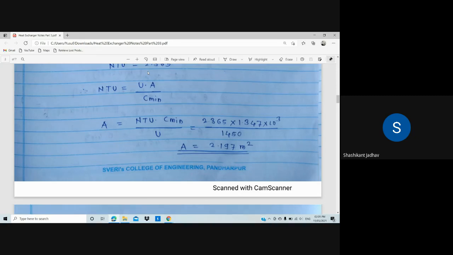C minimum is nothing but CH. What is the value of CH? That is 1.347 kilowatt per Kelvin, converted to watt, so 1.347 into 10 raised to 3, divided by U. That value is given to us, that is 1450 watt per meter square degree Celsius. By putting this value, we get the value for the area. So area is equal to 2.197 meter square.